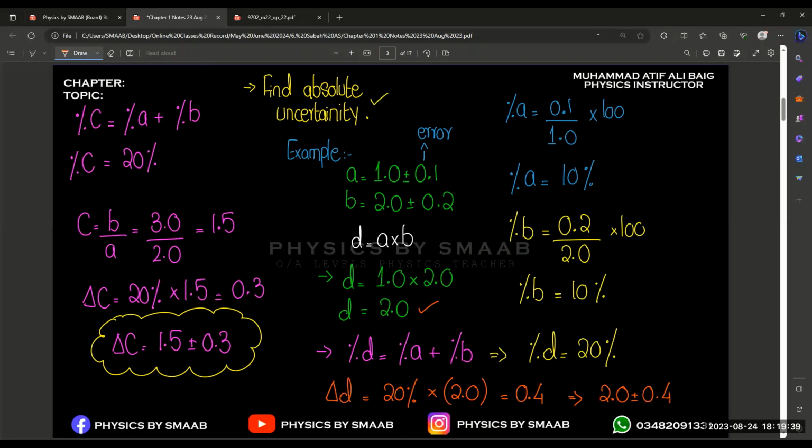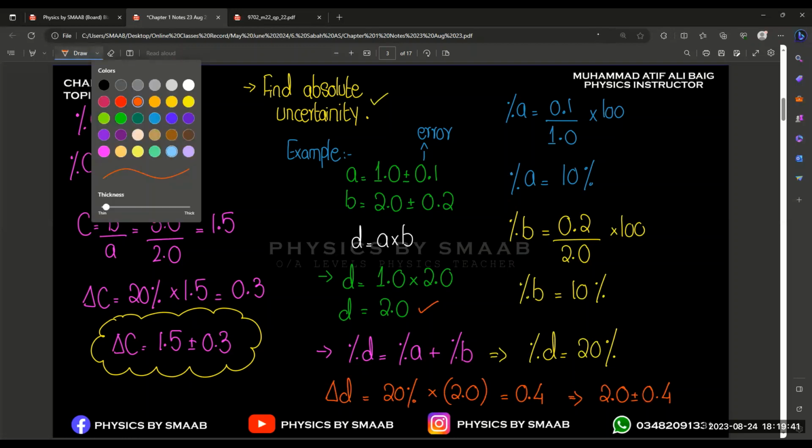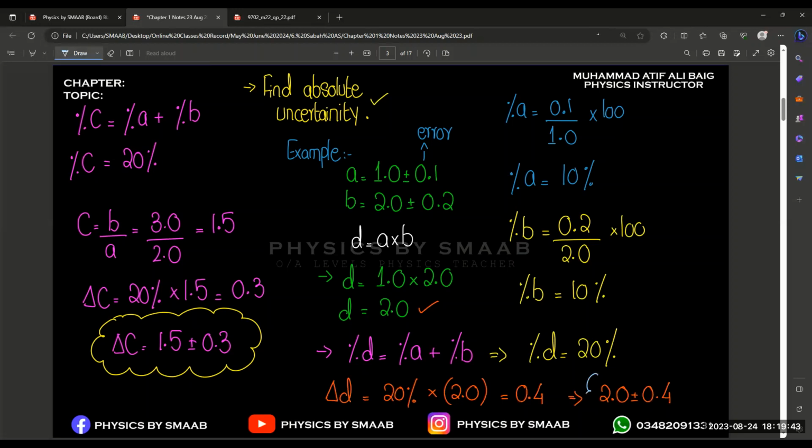This is the absolute uncertainty of your value D. Most of the time we are going to follow this procedure, because normally this is the only thing that is left, because we know that we are not going to divide the errors, we are not going to multiply the errors. That's why we are going to calculate the percentage of the errors, right?